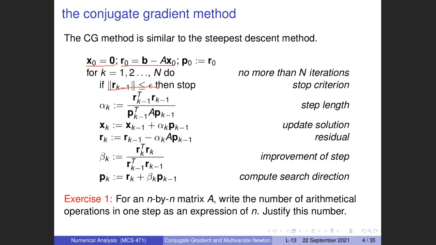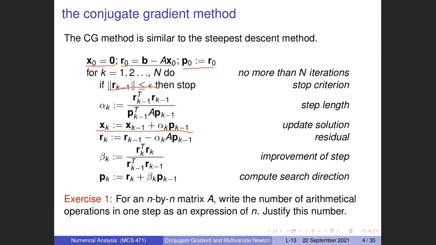We will have a direction that is p, and we will walk in that direction. Here is the resemblance with the steepest descent: we have a vector, and we take a step in that direction. Then we update the residual, and then we also update the search direction.